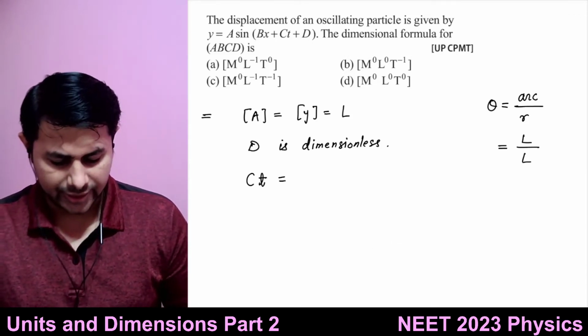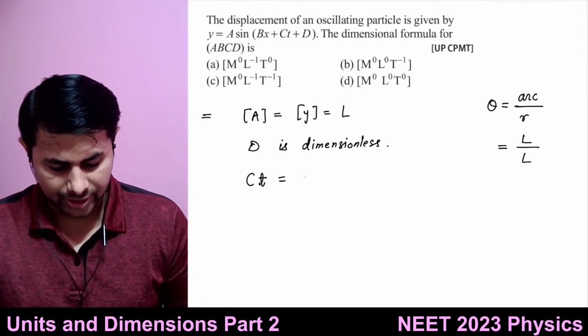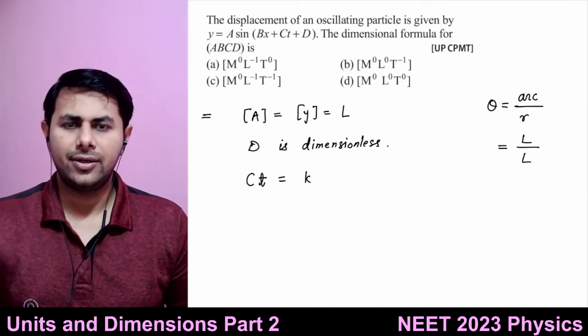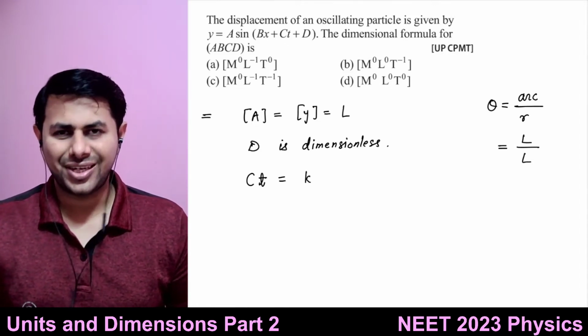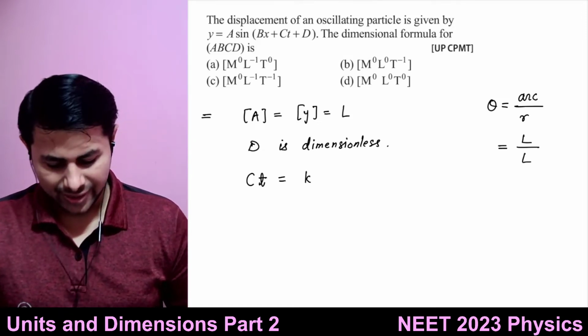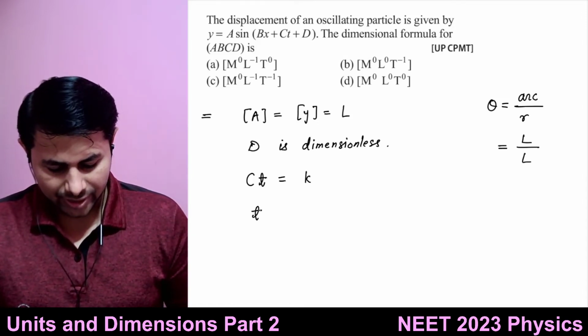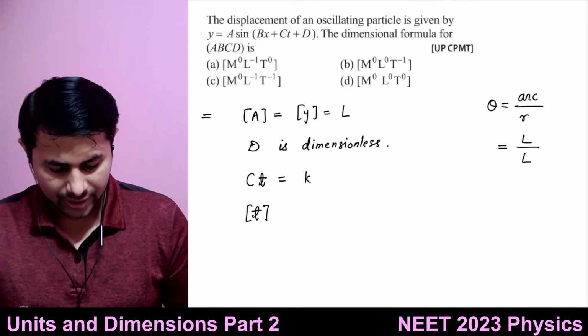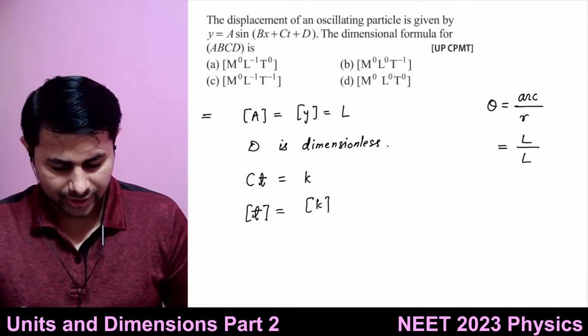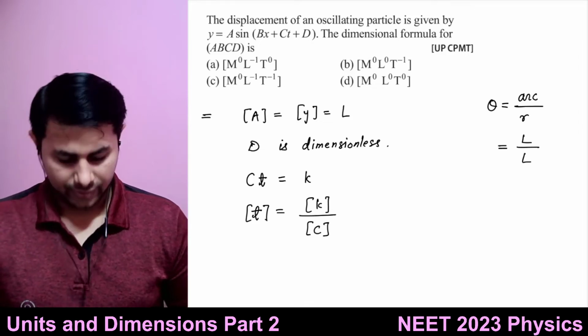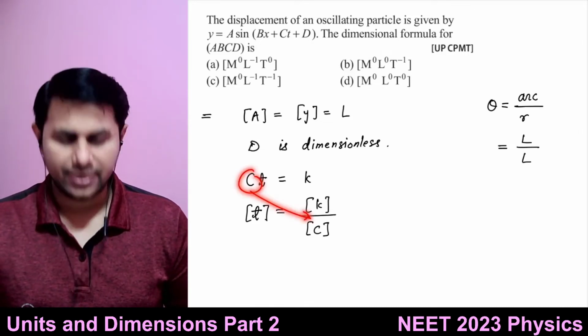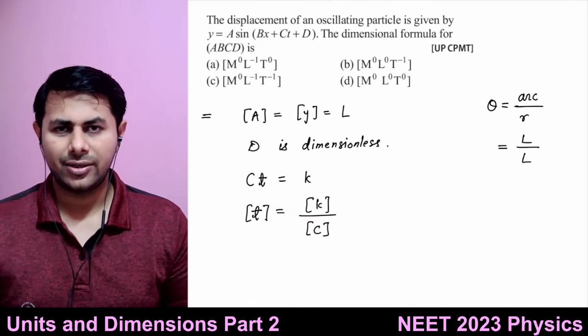So you can write c times t is any dimensionless number k, a constant, just a number. So the dimensions of t are equal to the dimensions of k divided by the dimensions of c. I'm taking c to the other side and taking dimensions of everything.